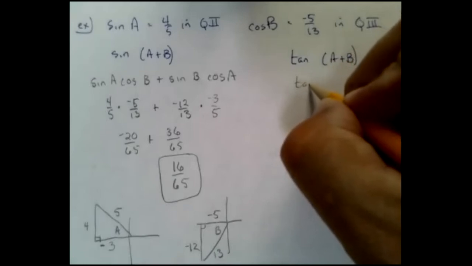Tangent of the first plus tangent of the second over 1 minus their product. Okay. Tangent of A is 4 over -3, opposite over adjacent. Tangent of B is 12/5.